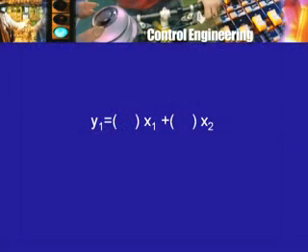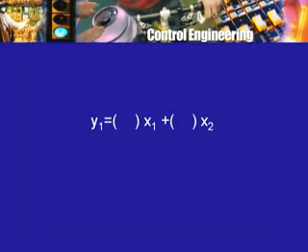So, we will obtain expressions like y1 equals some quantity, which is what we will obtain using Mason's rule or Mason's gain formula, multiplying x1 plus another quantity or expression multiplying x2, and similarly for y2, y3, y4.